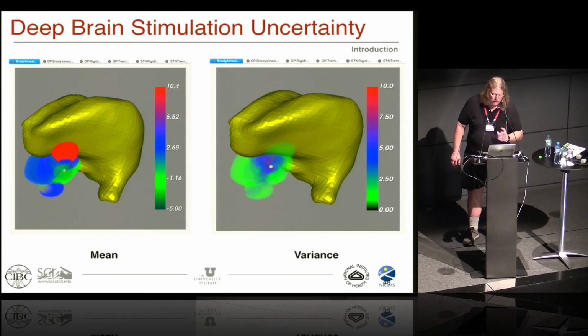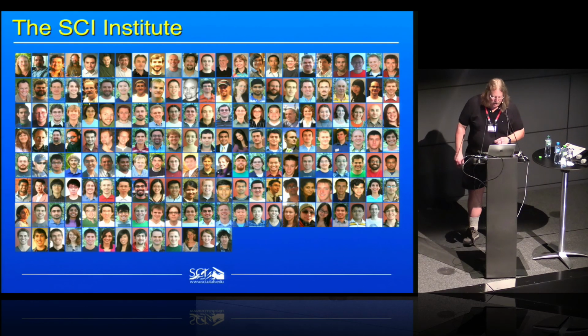This is work with one of my postdocs, trying to create visualization systems where we can take many different simulations or patient stimulations, visualize them, and better understand the uncertainties we're seeing. We hope to then come up with better understandings of how to treat, and make the simulations better as well.